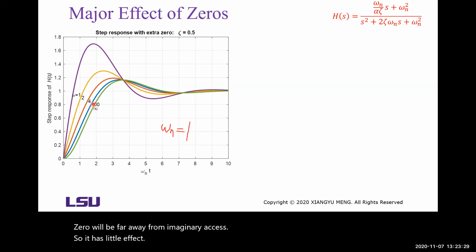That's the case when alpha is 100, its response is very close to the step response without any zeros. But when alpha is small, it has a substantial influence on the step response.